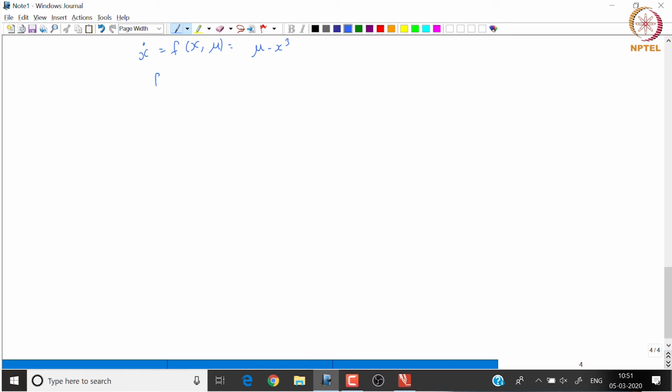Let us say I am looking at the situation again, f of 0 comma 0 is 0, and the partial of f by partial of x at 0 comma 0 is also equal to 0. What are the fixed points or the equilibrium points? The equilibrium points are given by mu is x cube.